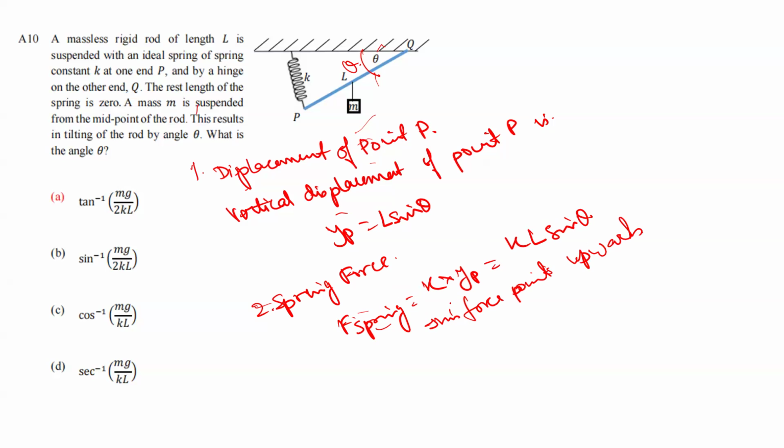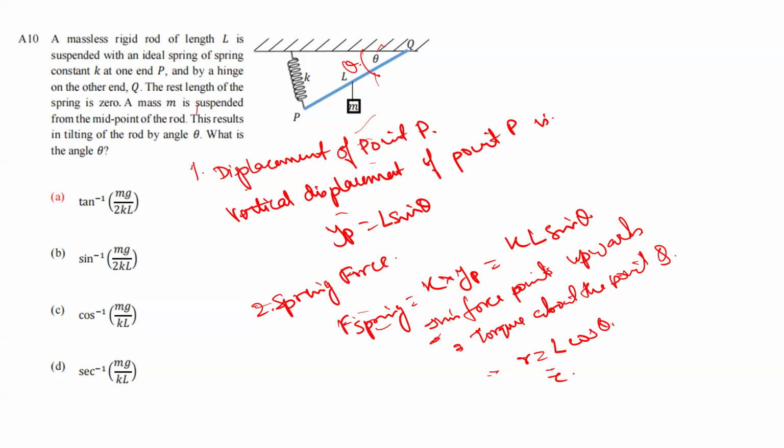Next is the torque about the point Q. For the torque from the spring, the lever arm relative to Q is the horizontal distance from Q to P, so we can write r equal to L cos theta.